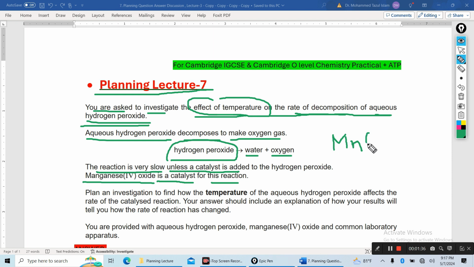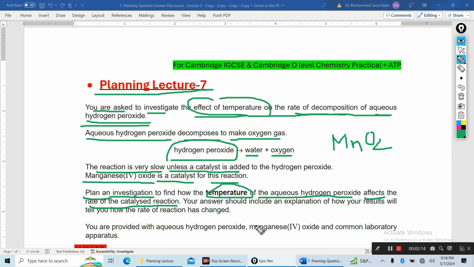So plan an investigation to find how the temperature of the aqueous hydrogen peroxide affects the rate of the catalyzed reaction. I mean, how temperature affects the rate of decomposition of hydrogen peroxide.